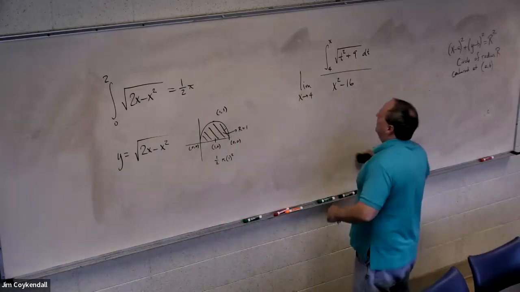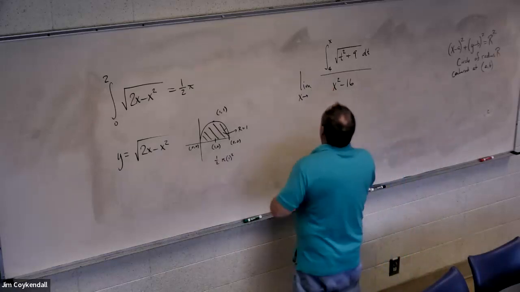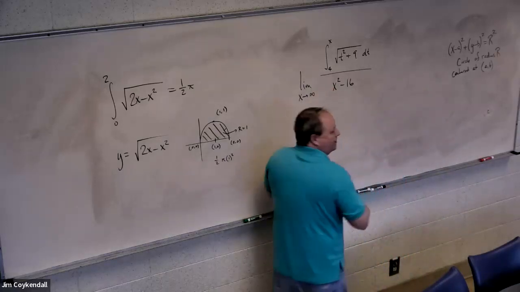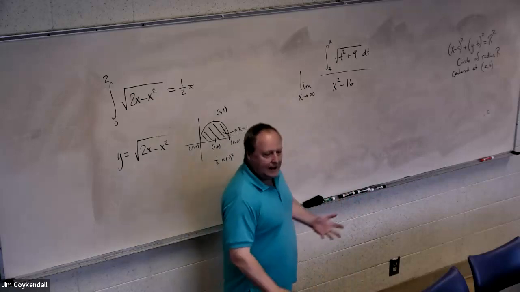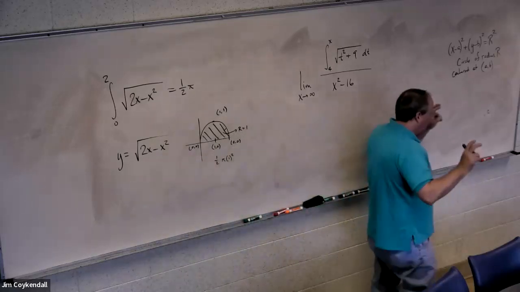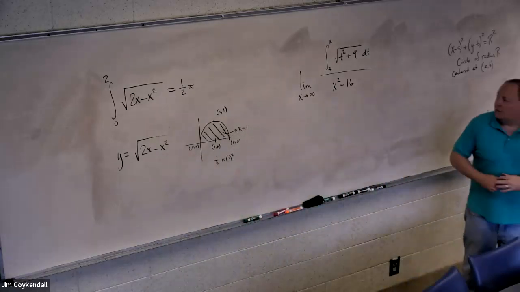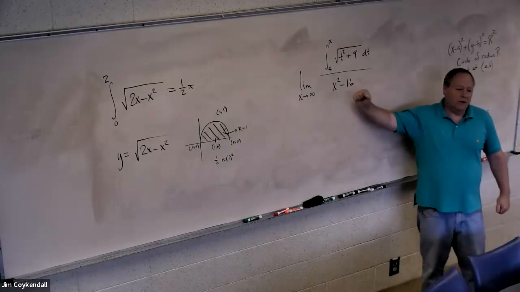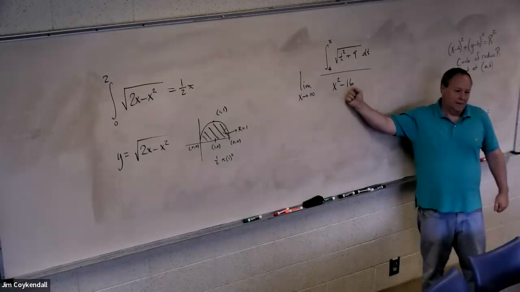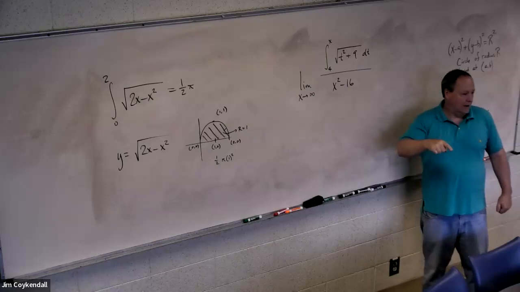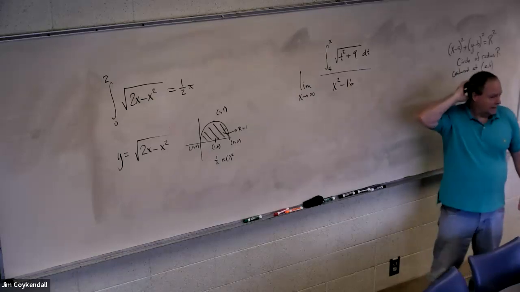Now, I didn't really require this, but let me ask you this. Again, let's analyze. I can't really plug in infinity, but let's kind of analyze what happens. As x goes to infinity, what's happening to my bottom? It goes to infinity. Right, okay with that? What about the top?